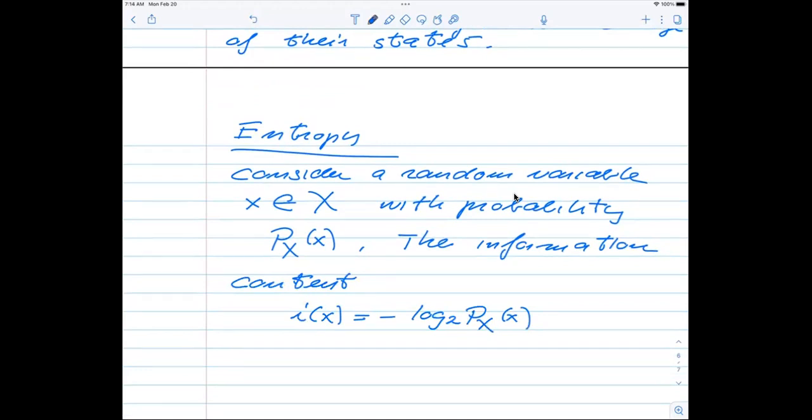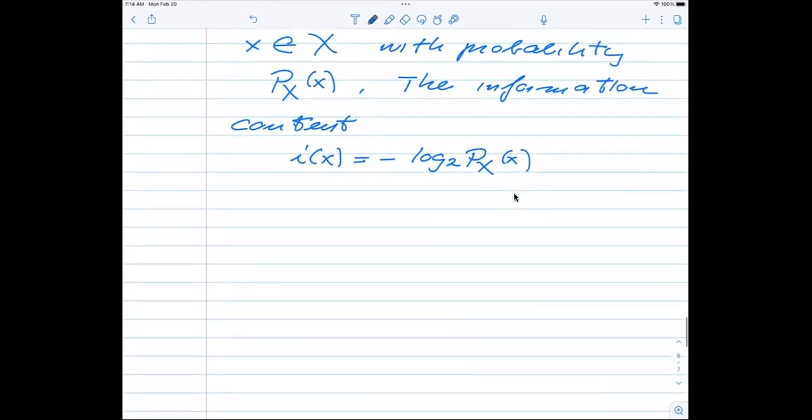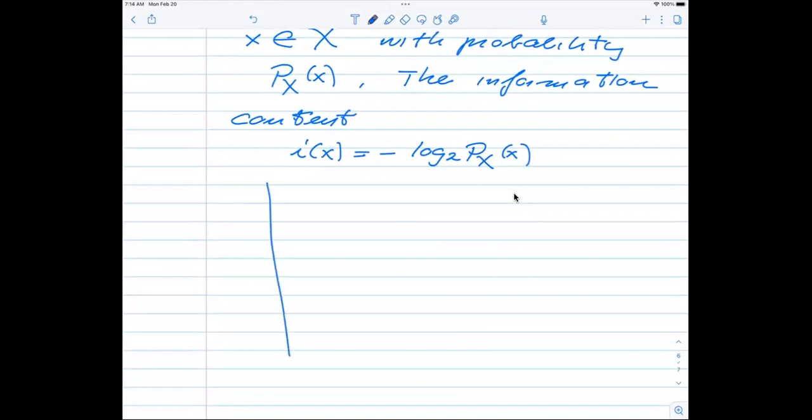And there's several reasons for that. And it's easy to see that if you also make a plot. So if I plot this function as a function of p of x, and now I'm dropping this uppercase letter x, and then we plot this I of x here, this is going to be a function which looks like this.